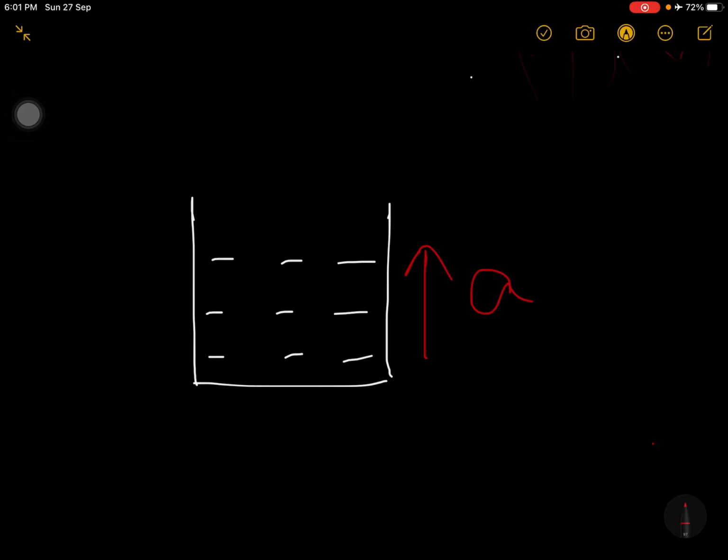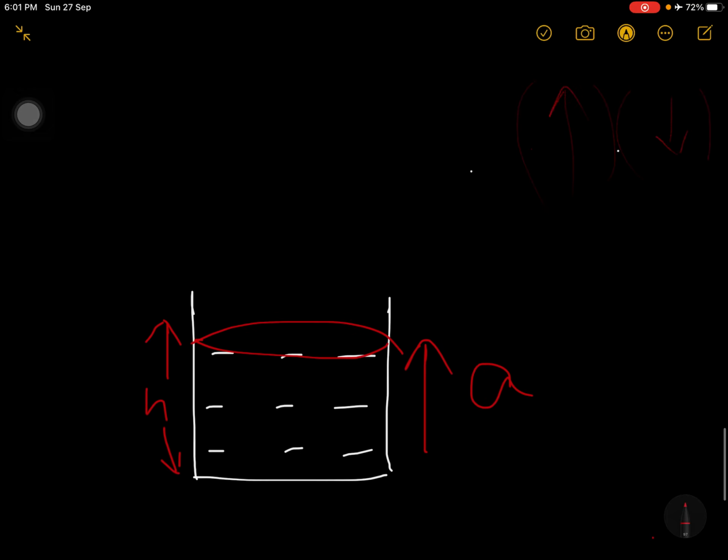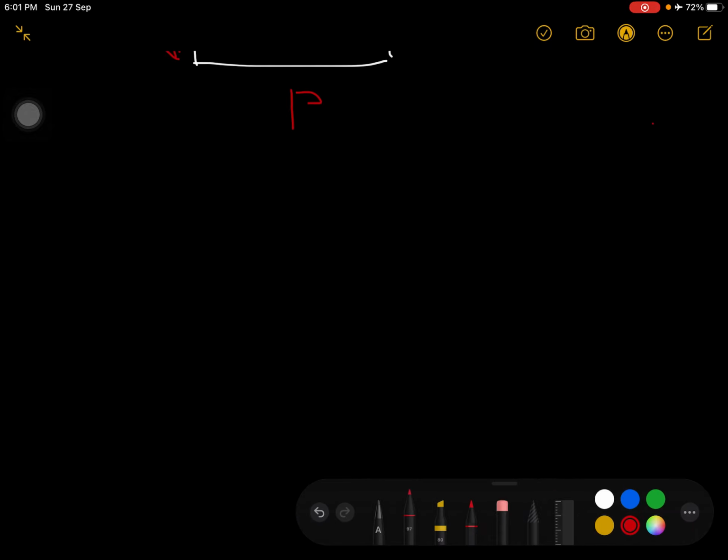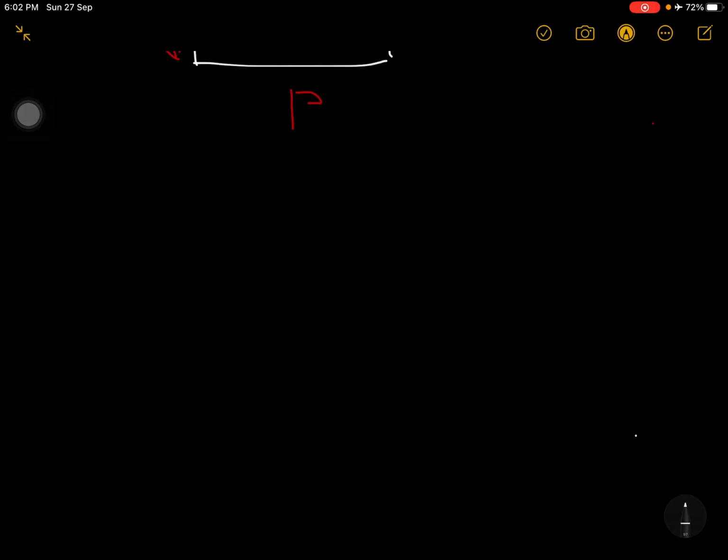The height is h, the area is A, the density of the fluid is rho, and the pressure is P. From the frame of the vessel, the liquid is at rest.